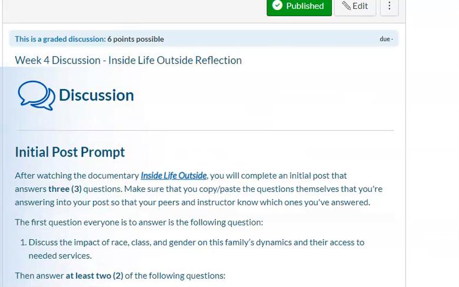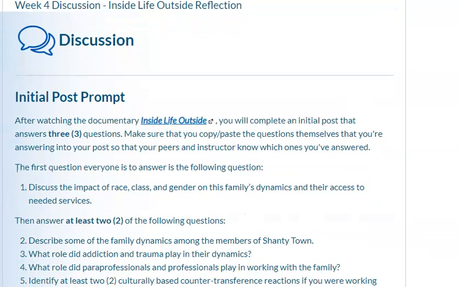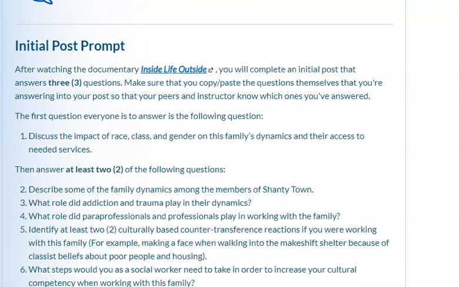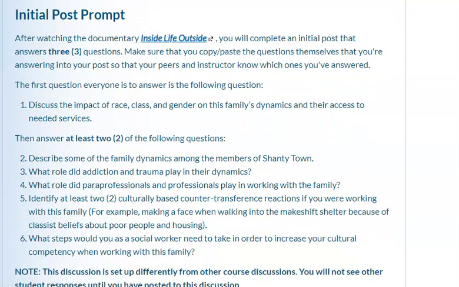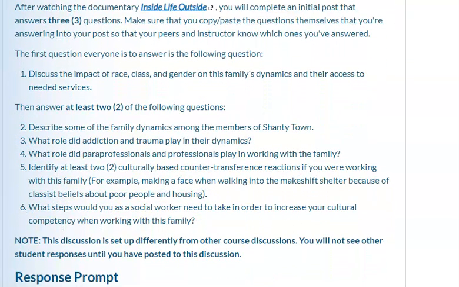Your next activity is, after you've looked at the film Inside Life Outside, you will complete an initial post that answers the following. Discuss the impact of race, class, and gender on this family's dynamics and their access to services. And then 2 of the following.